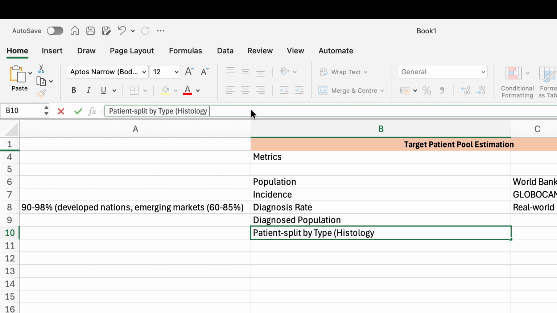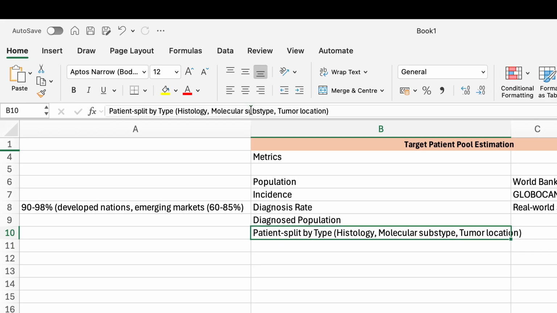Like if it is breast cancer, whether it is HER2 positive, HER2 negative, or TNBC, right? Or any molecular subtype you want to use in your model, or tumor location. The type that you would be putting in your model basically depends on the model or the therapy area. If it's breast cancer, you would choose a different type. If it's lung cancer, you would choose a different one. It also depends on the assay that you are working on.